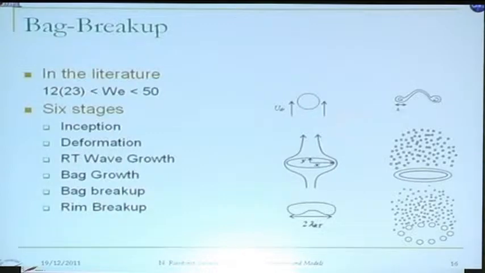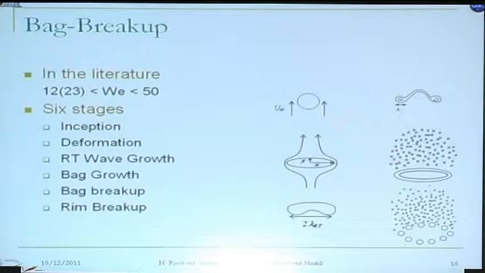You have a lot of papers in JFM in the 70s or 60s where they made a linearization of the oscillation of a droplet. But I don't think it works, because your droplet is becoming very flat. So you have to find something which is valid even if the droplet is very flat.